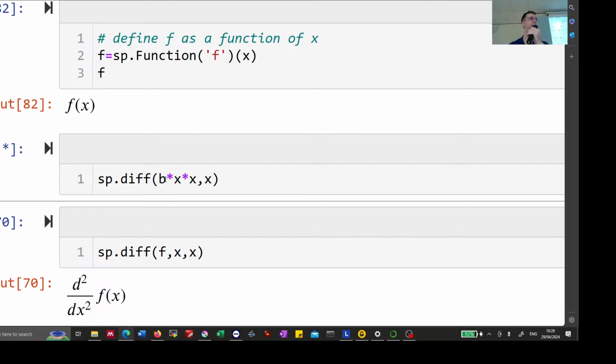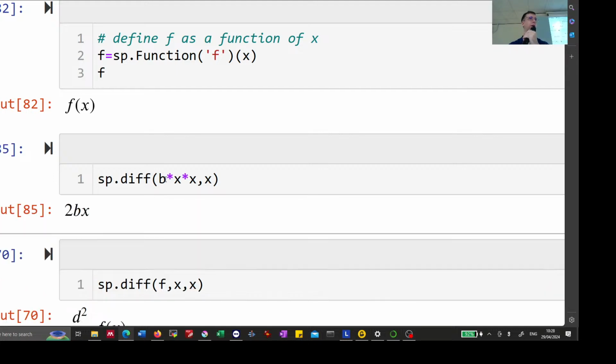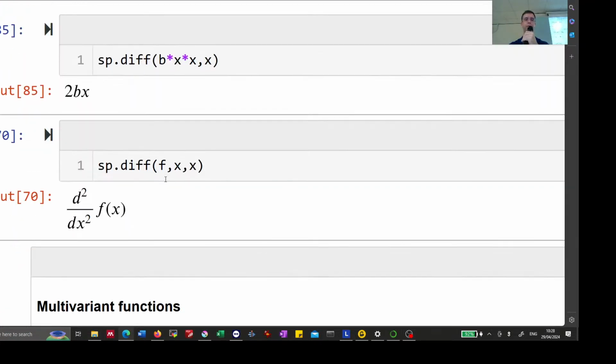Because the function here is bx squared, derivative of bx squared with respect to x. B is a constant, goes in front, and then the derivative of x squared is just 2x. Okay, so I can provide an arbitrary number of arguments, or at least more than two arguments within this function. So any additional argument with an extra derivative.